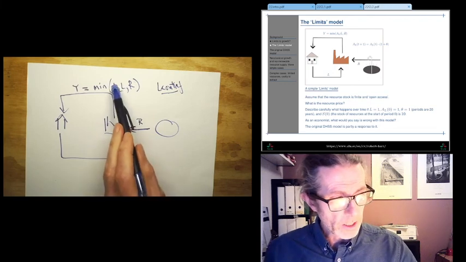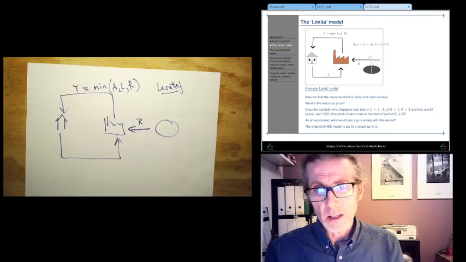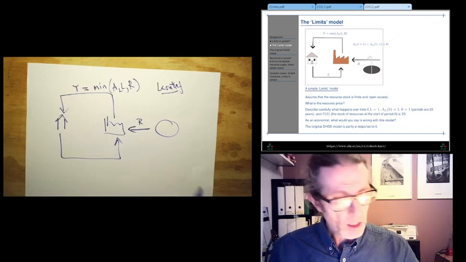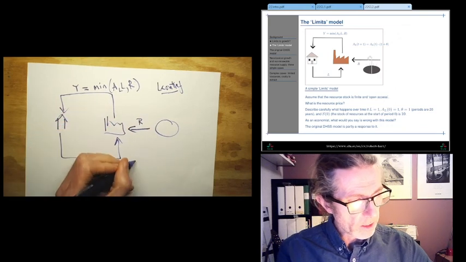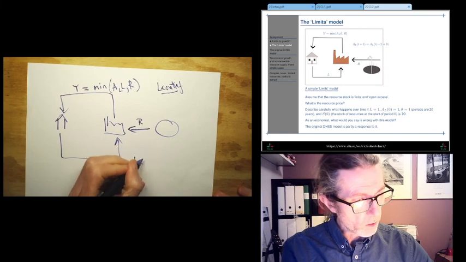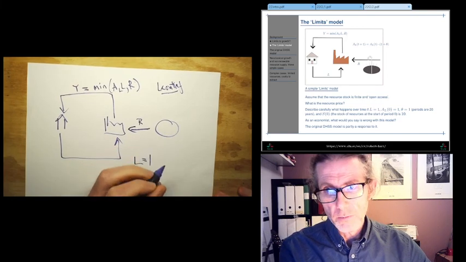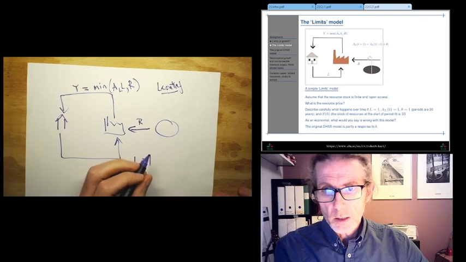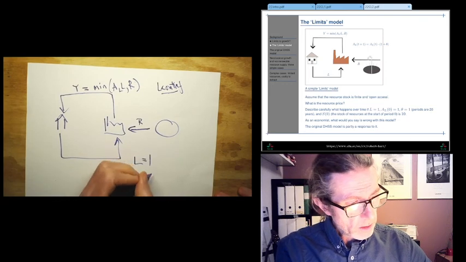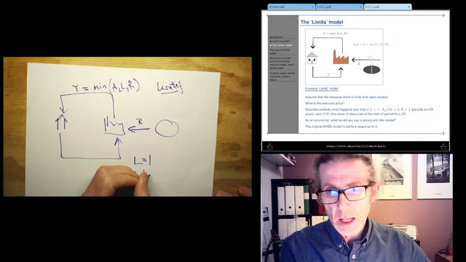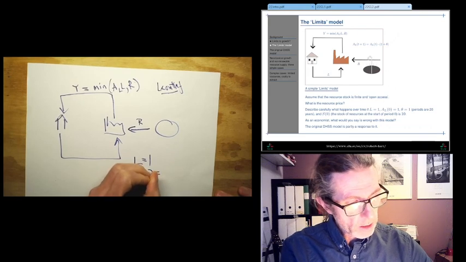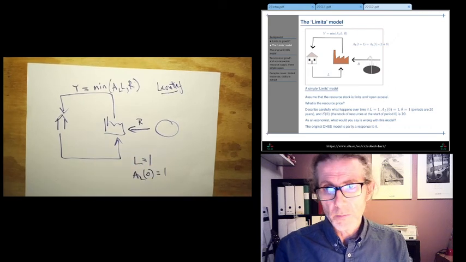Well, that depends a bit on AL and L. And we say we've decided that L is just 1, we've got no population growth. And AL starts at 1. So AL, let me get my notation right, AL at period 0 is 1.